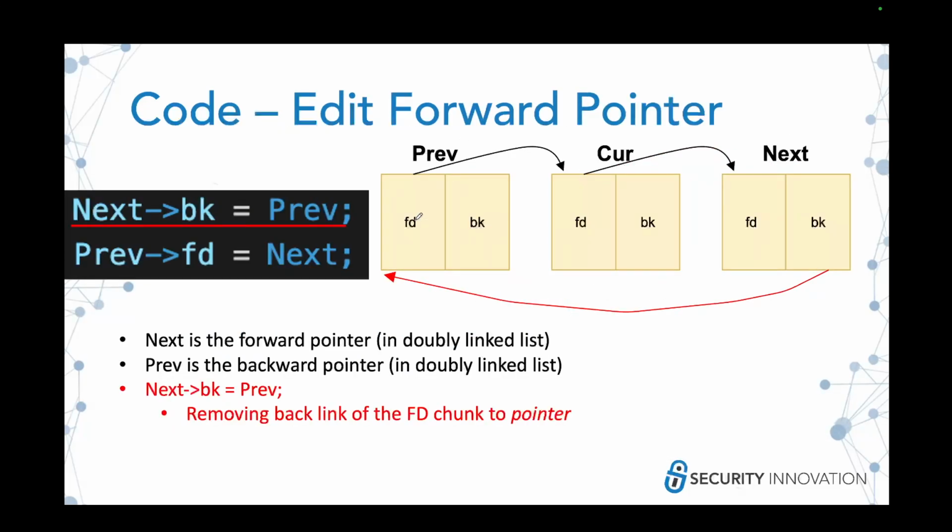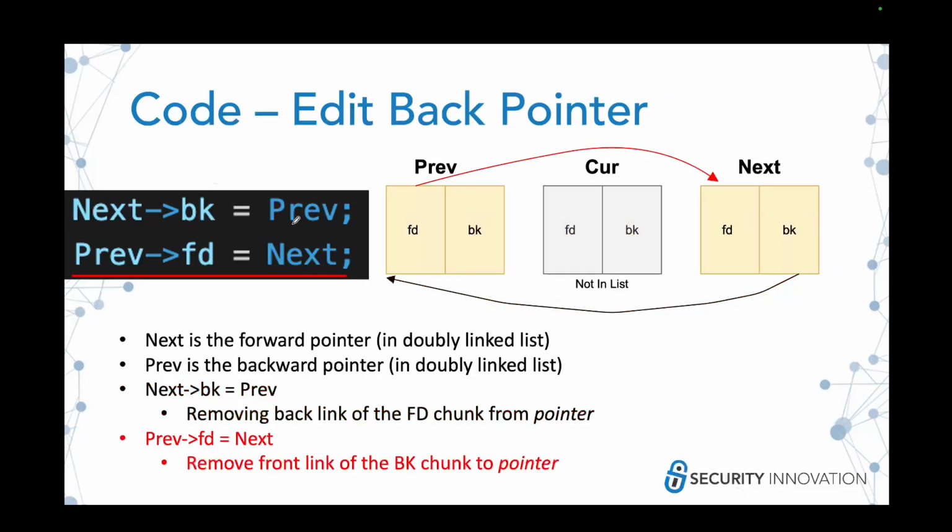The first part is we're going to set next's BK equal to prev. This is going to remove the back pointer to cur. And then we're going to do the thing in the opposite direction. We're going to set prev's FD equal to next. By doing this, we have now completely removed cur from the linked list as far as the entire linked list is concerned.